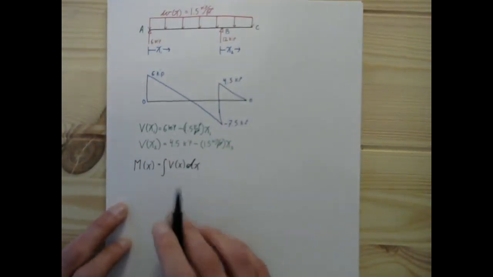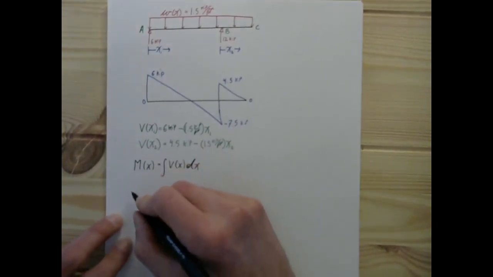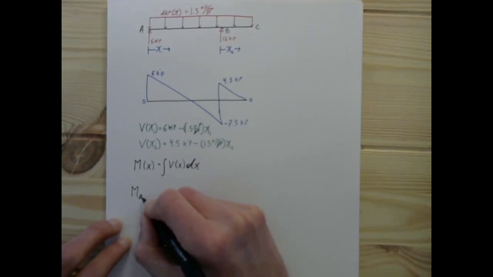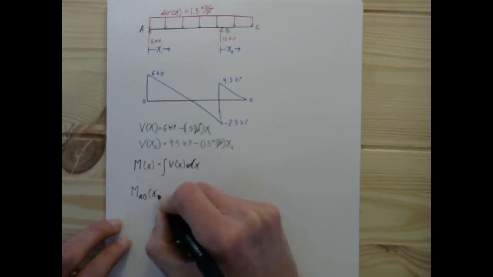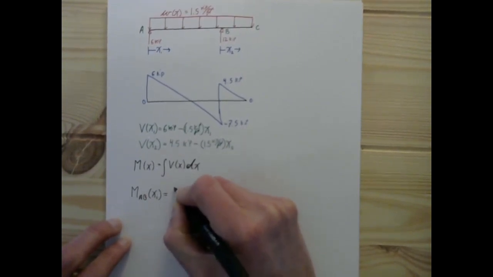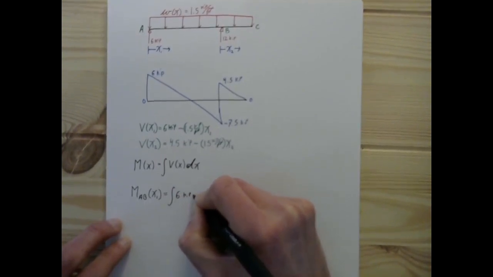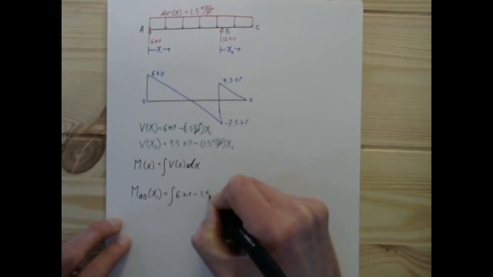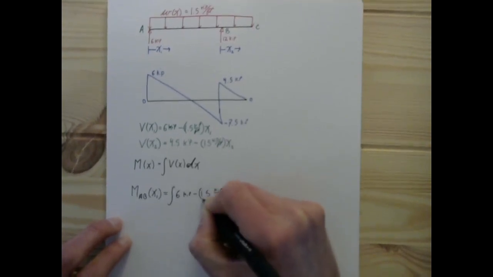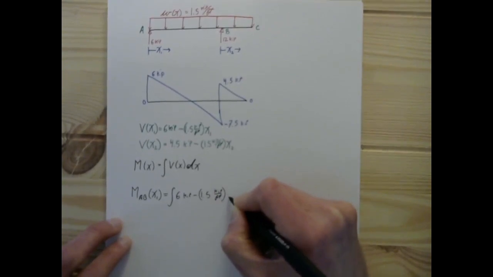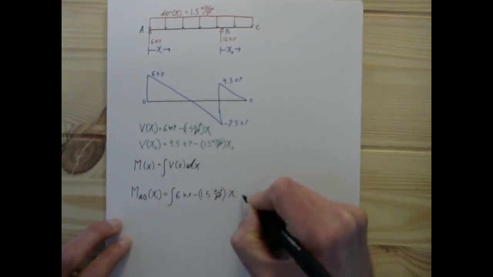Integrating this first shear function, the moment that goes from A to B, which is a function of x1, is going to be the integral of our shear function, which is 6 kips minus 1.5 kip per foot times x1.